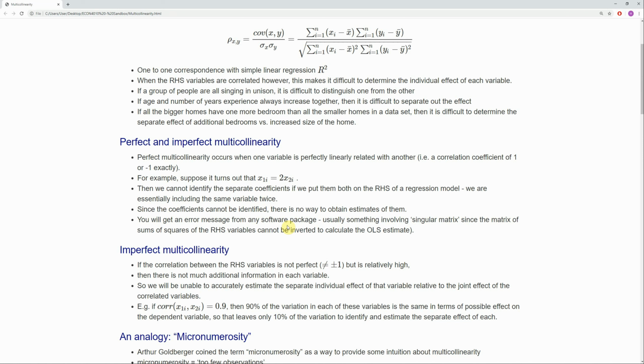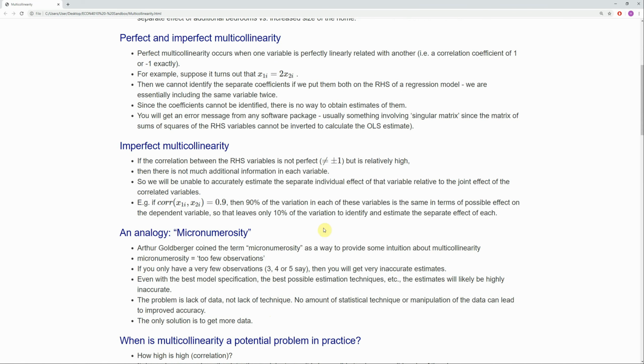So for instance, if the correlation coefficient between x1 and x2 is 0.9, that means that 90% of variation in each of these variables could be explained by the other variable. So when we are running analysis, it's really hard to figure out what variables exactly have what amount of effect on your left-hand side.